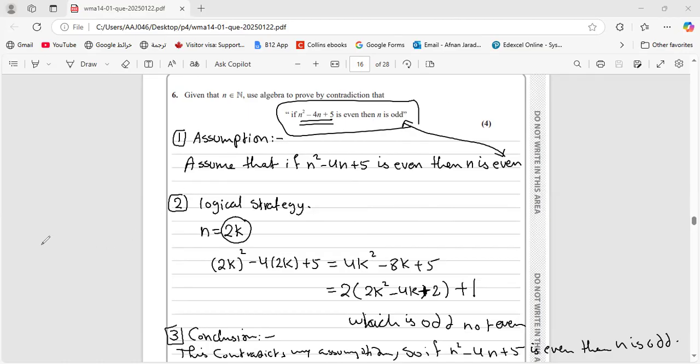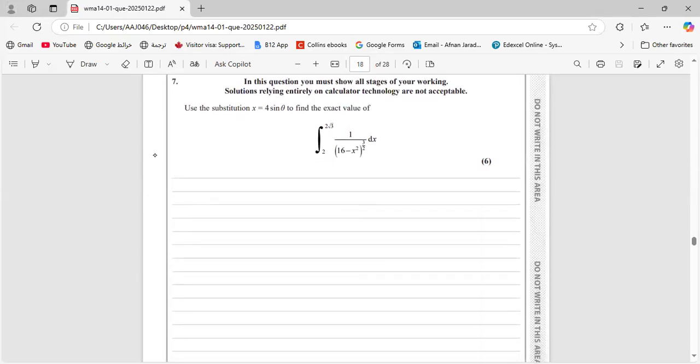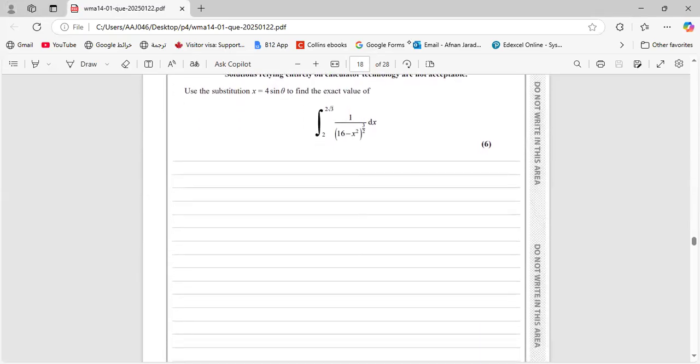From question number 6 to question number 7, which is about integration by substitution. Use the substitution x equals 4 sine theta to find the exact value of this one. So from x to theta.